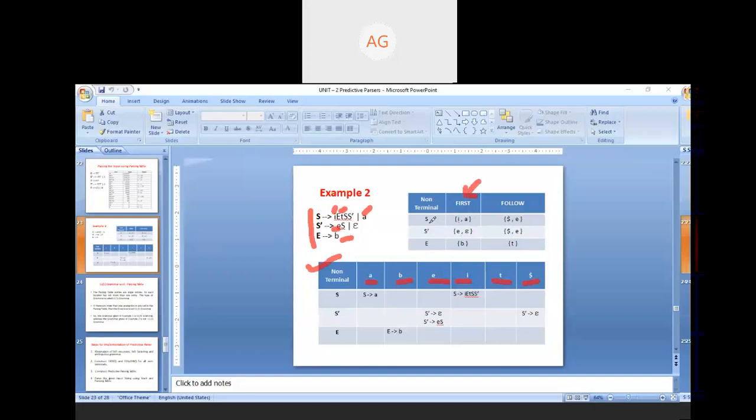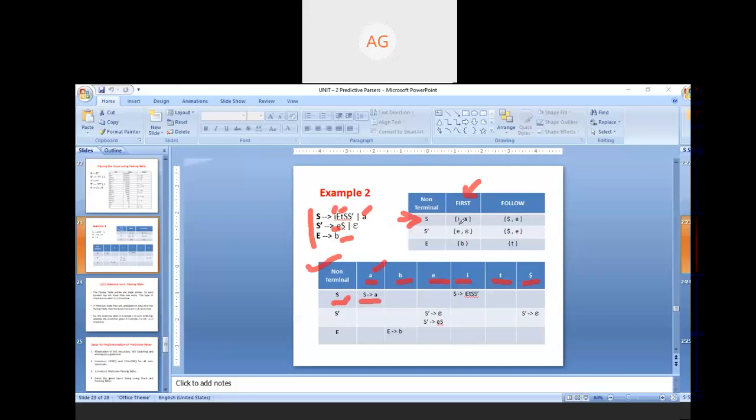In order to fill the entries of the S non-terminal, just concentrate on the first set. Here we have two symbols in the first set of non-terminal S. They are small i and small a. So you need to fill the entries in the parsing table corresponding to S versus A. The production 2, which is S produces A, will be filled in this entry.